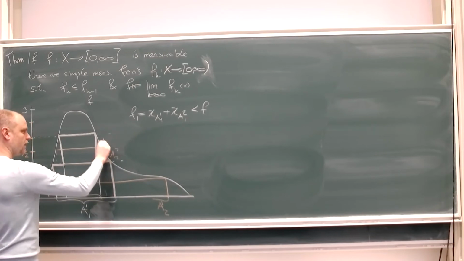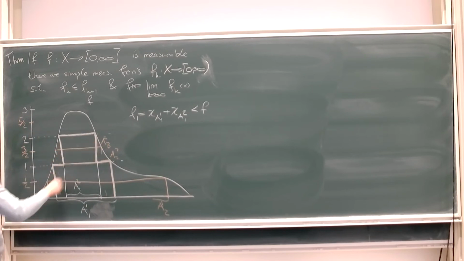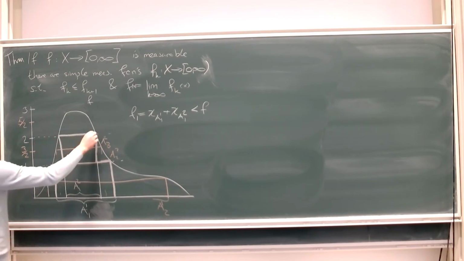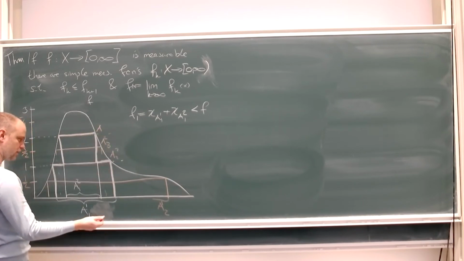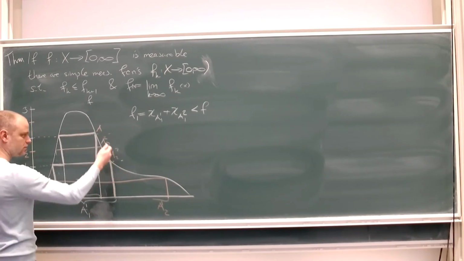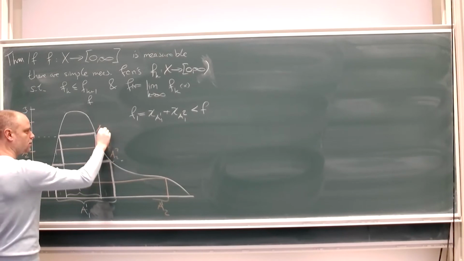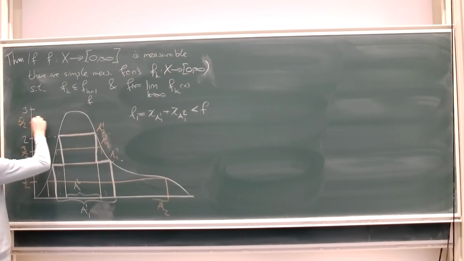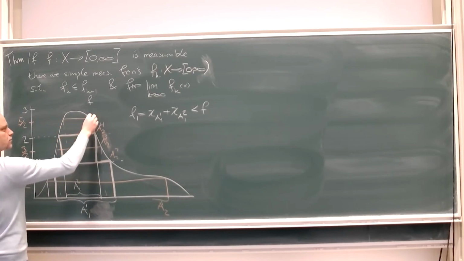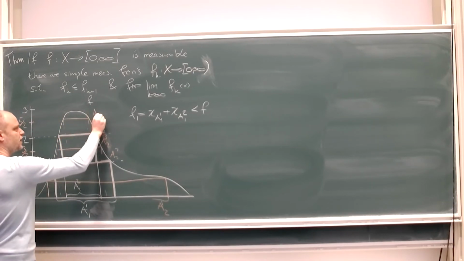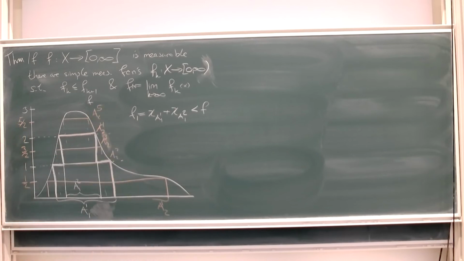So A2,2, A2,3. That's this set, but it's down here, but it gets too messy. Just write it. And then this guy that we already have is now going to be A2,4. And this fellow here is going to be A2,5.